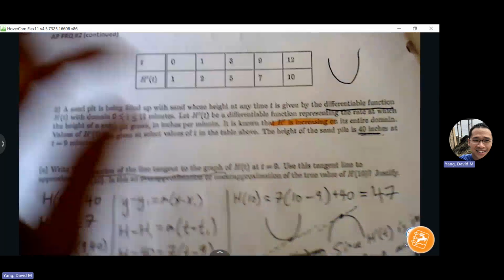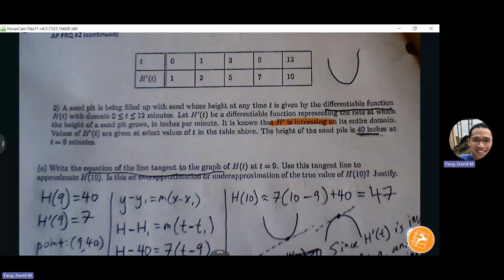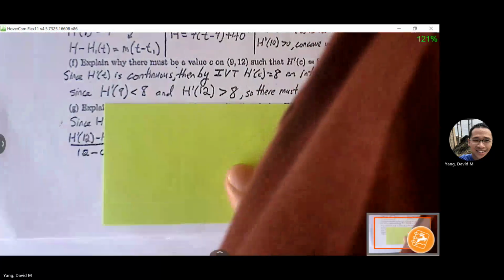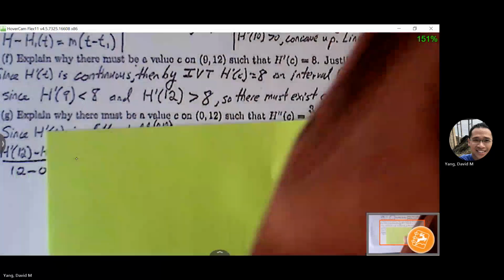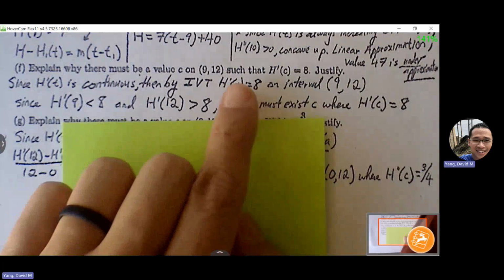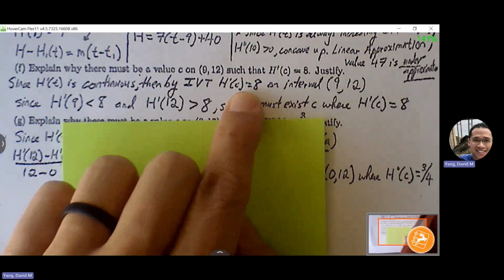So let me show you one way to represent our answer. Okay, so since H prime is continuous, then by IVT, H prime of C is equal to 8.